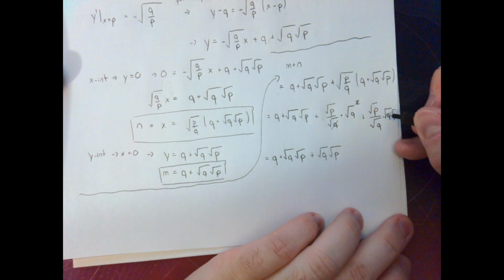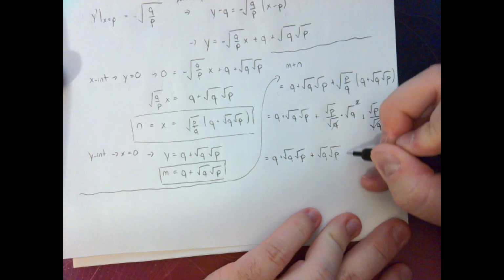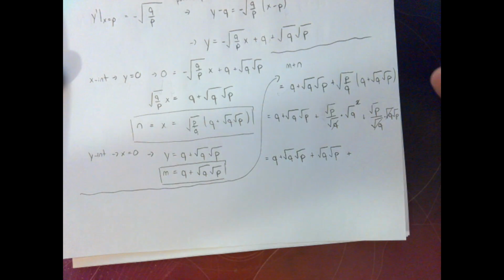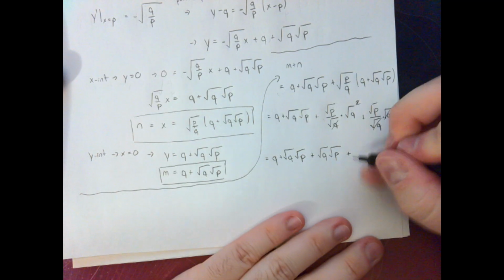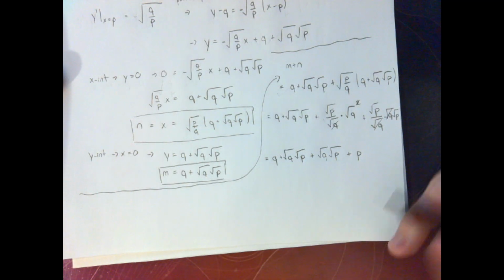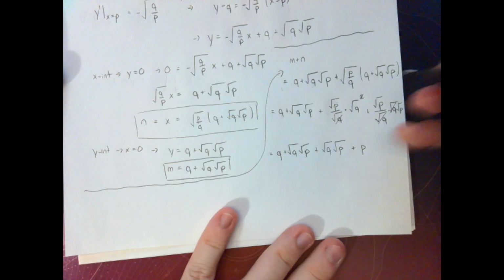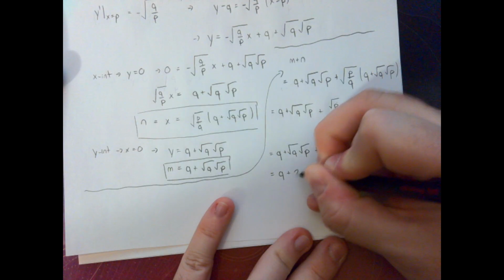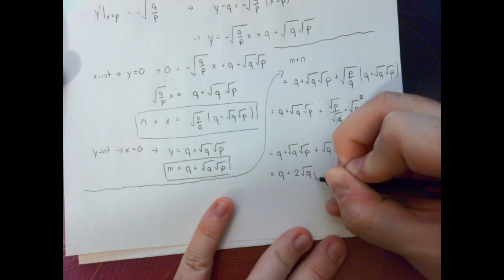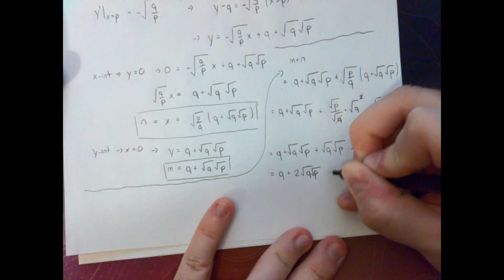And then finally this and this cancels out, so I'm left with plus what do I have here? Just p, right? Because I've got the square root of p but then squared, so p. Okay, and now when I group my two terms in the middle, hopefully we can see the connection that we're trying to make over here.